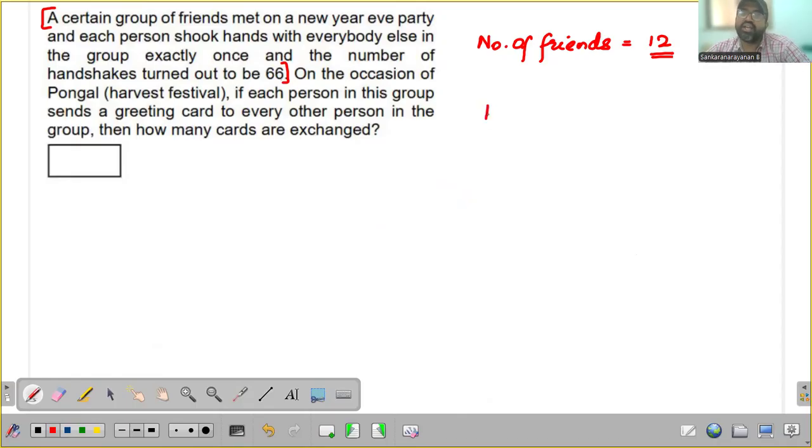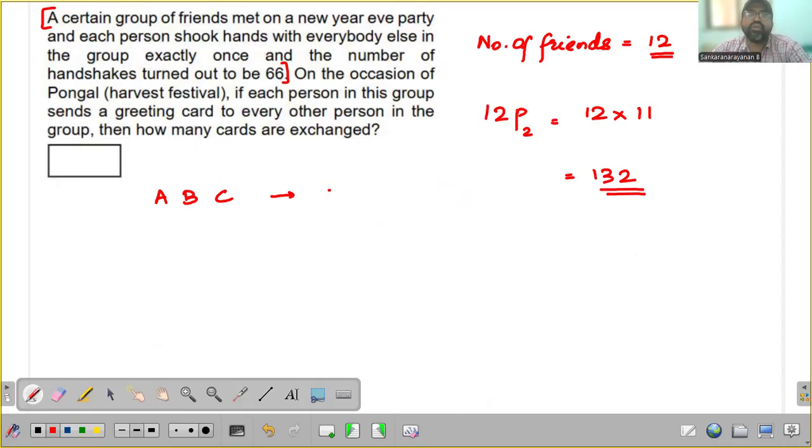So here the answer will be 12P2, which is 12 into 11, and that is equal to 132. Just consider if there are three people, A, B, C, exchanging cards between each other, exactly one card each way.